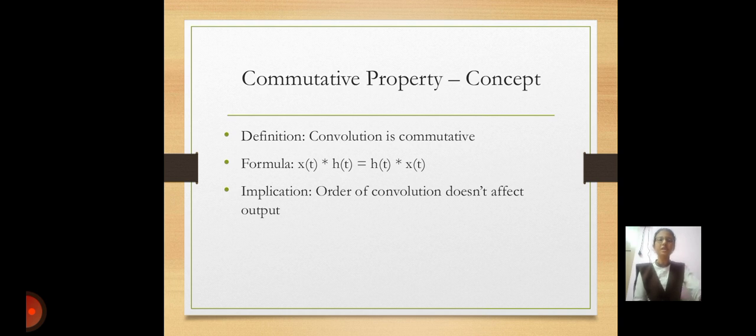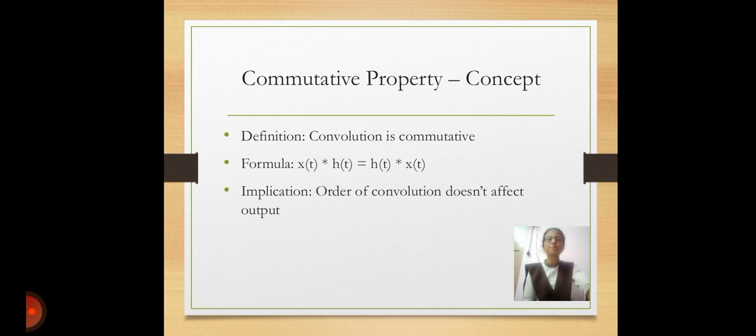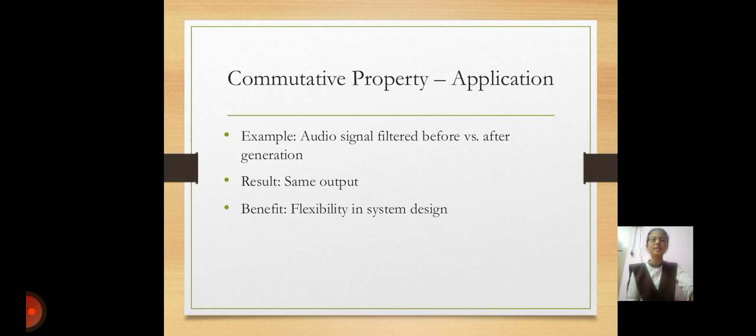The first application of the commutative property is, imagine an audio signal is being filtered. When we apply the filter before generating the signal or after, the result will be the same.